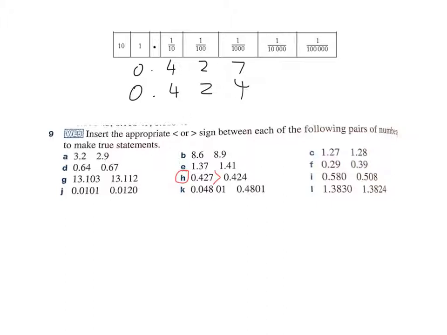So knowing that, the rest should be easy, but we can have one more go just for practice, and we will choose question K. So we have 0.04801 and 0.4801.